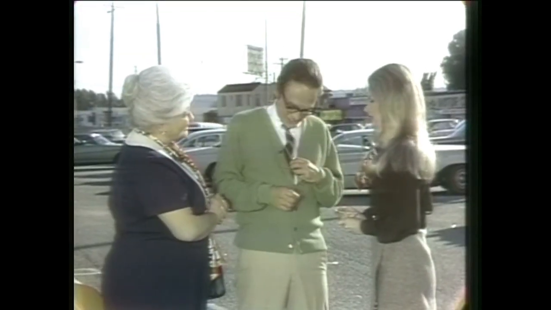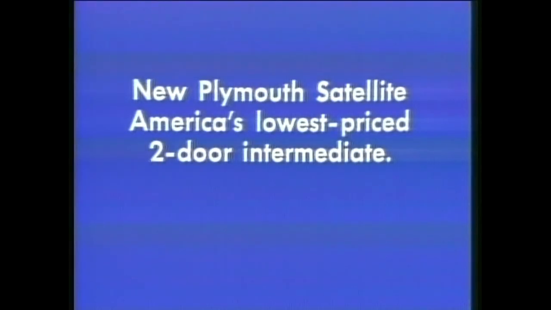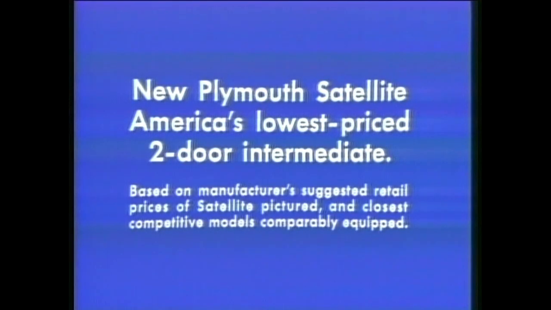She did. Satellite isn't really expensive. In fact, it's very low priced. I'm terribly sorry. Oh, no damage done. Car with legs like that. Who's gonna notice a little scratch? New Plymouth Satellite, America's lowest price two-door intermediate.